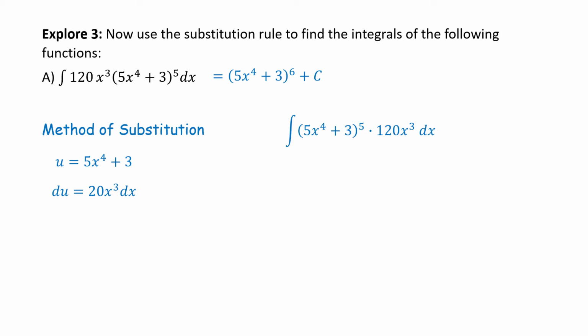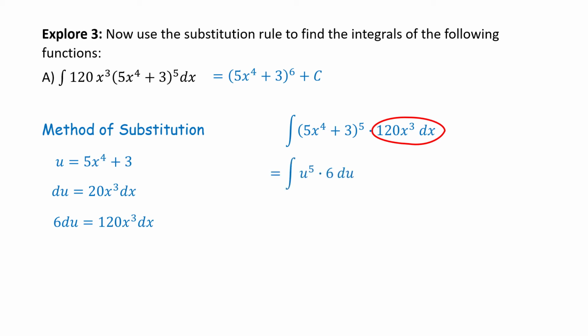Wanting to make a substitution, we have an issue because we have a 120x cubed dx and du is 20x cubed dx. Let's multiply by 6 on both sides. Then 6 du would be equal to 120x cubed dx.